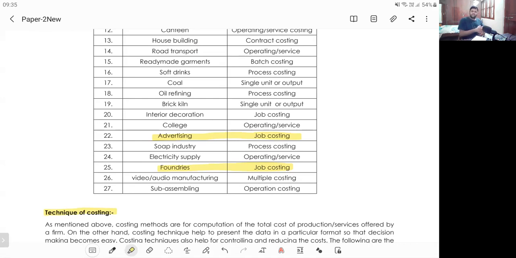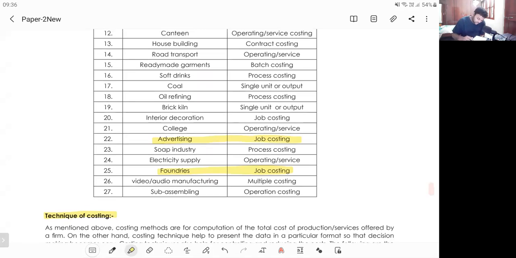And here, every person has their own way of having boundaries to their houses. Like in your house, there might be a gate. Where is this gate prepared? This gate is prepared at a foundry only. Wherever metal is involved, the foundry is involved. The foundry is nothing but a place where metal casting is done.